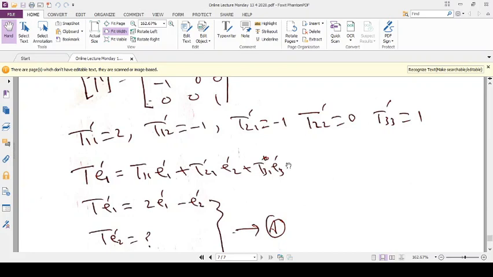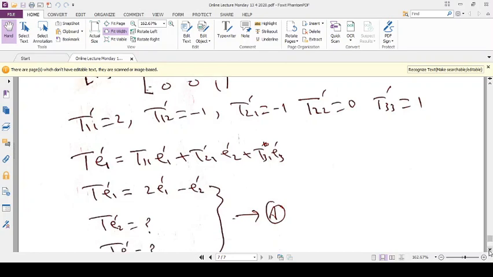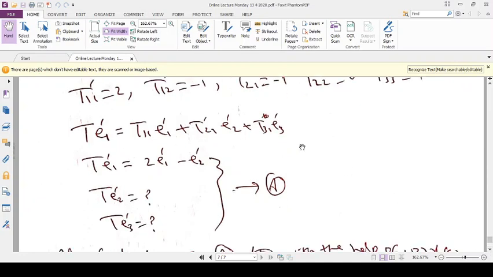And this is coming from your equation number 2. Coming from equation number 2 means that you can have equation number 2 from this equation.